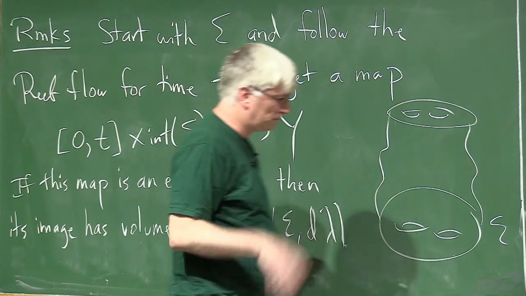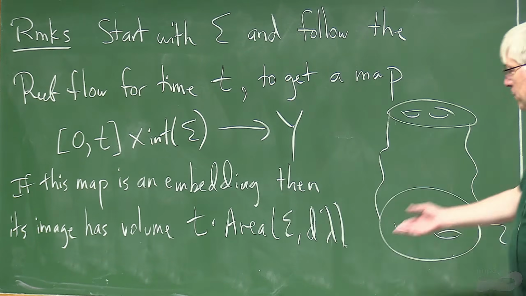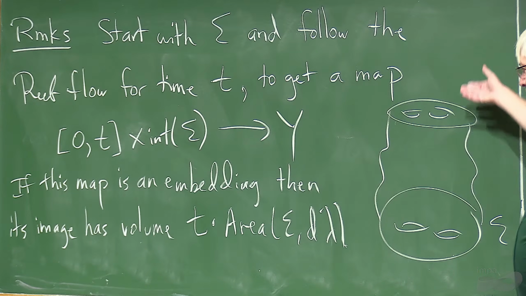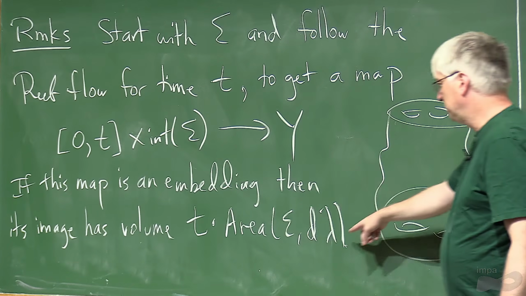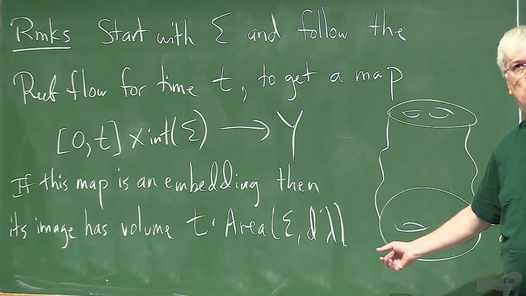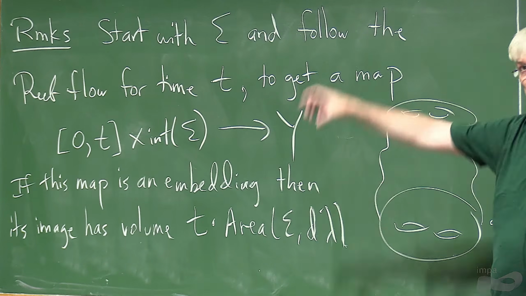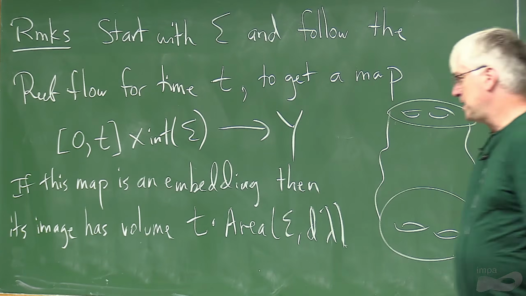Okay. So if I keep flowing, it can't be an embedding forever, because eventually this number will be bigger than the volume of Y. So it's going to have to fail to be injective eventually.